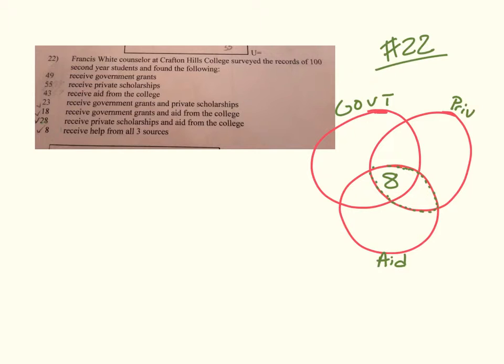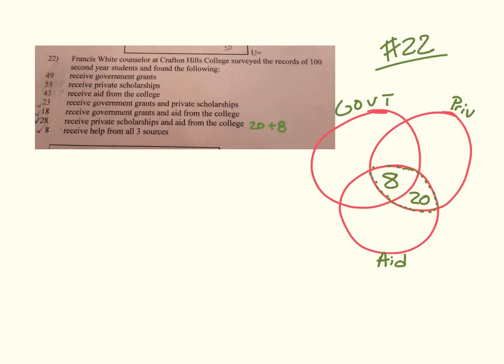And so if there's 28 total, but there's already 8 inside here, there must be 20 in here, because this 28 comes from 20 plus 8.